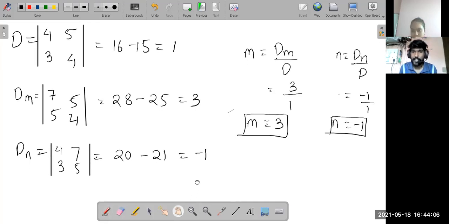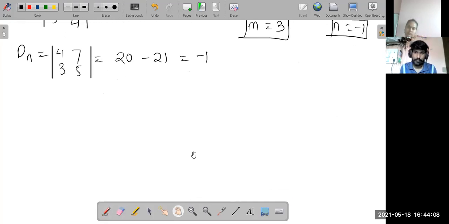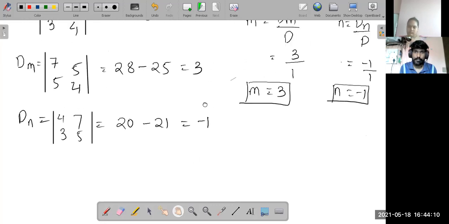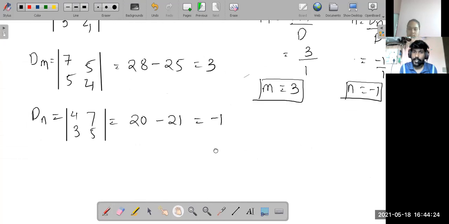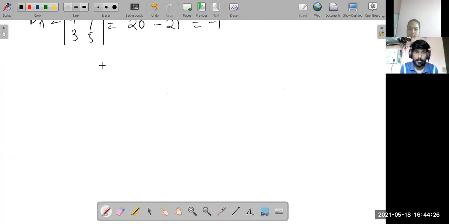Now we have that one additional step, one extra step. You come back to your substitution. What was 1 upon x? 1 upon x was m and 1 upon y was n. The step we are doing now is called resubstitution.